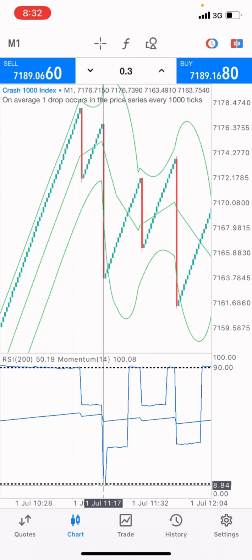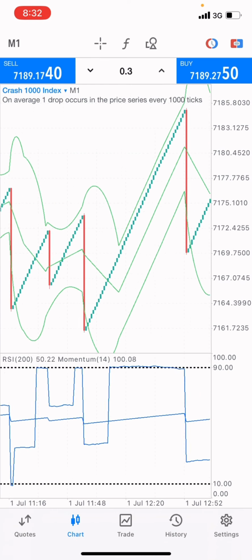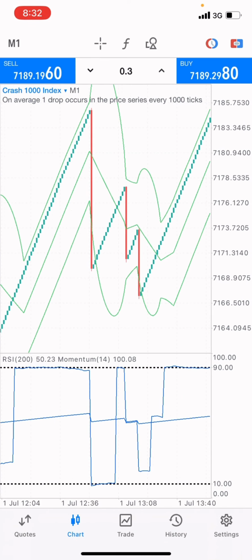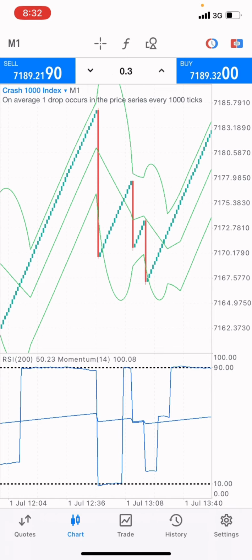You count 1, 2, 3, 4, 5. You close your trade and take your profit, and you wait for it to reach level 10 again for you to take another 5 short candles.